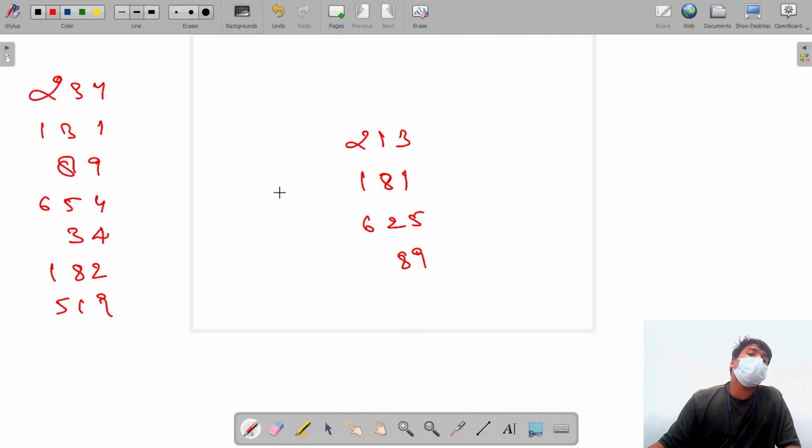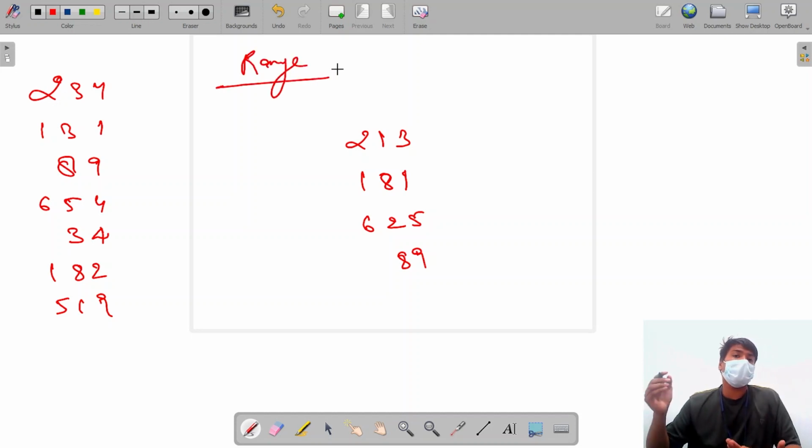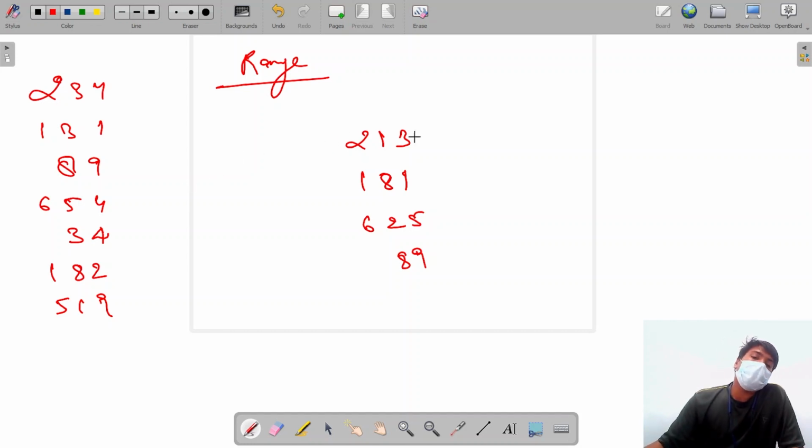We are not going to send this array to our count sort, because count sort only works in a specific range. We don't give a high range to count sort. We already talked about the time complexity of count sort, so we are not going to give it a high range. But in this case the range could be high.